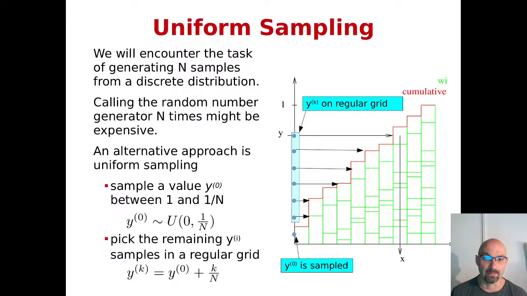Observe that from the implementation point of view, this algorithm can be implemented in linear time, because upon one call of the random number generator, you could continue the search by using a pair of indices. One index keeps track of the current sample, and the next index keeps track of the y value.